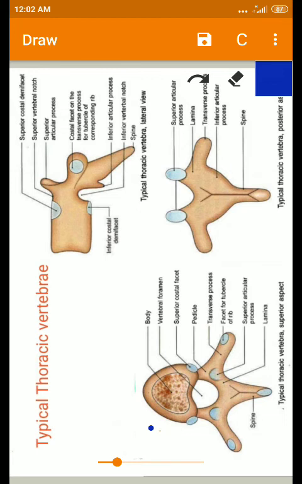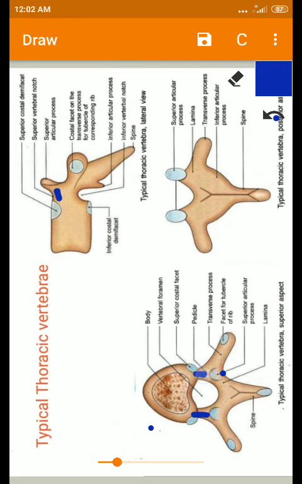And coming to the pedicles, next one is the pedicles. These pedicles project directly backwards, attached close to the upper borders.